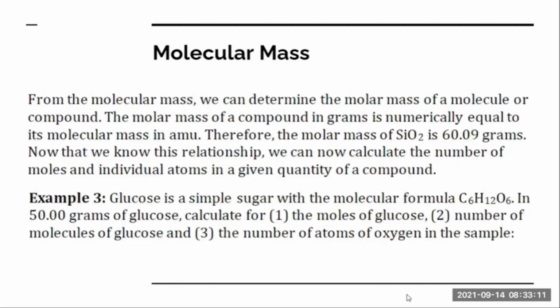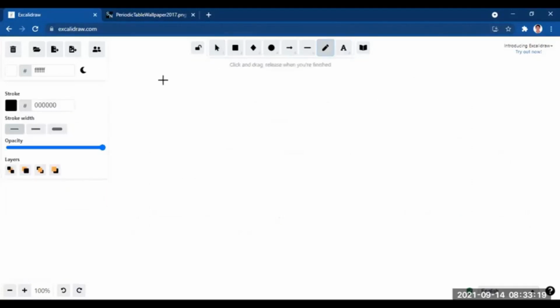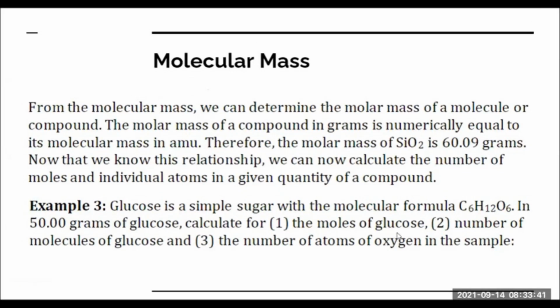Let's do this on the Jamboard so you can imagine it better. C6H12O6. Right. C6H12O6, 50 grams. So these are the given quantities. We're looking for the moles of glucose, the number of molecules of glucose, then the number of atoms of oxygen in the sample. Okay.